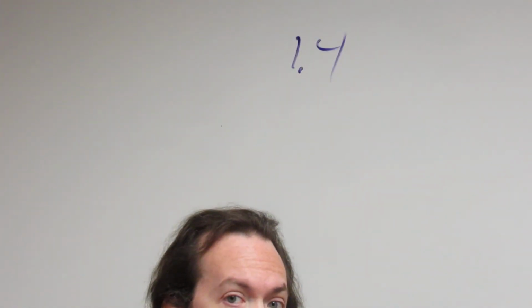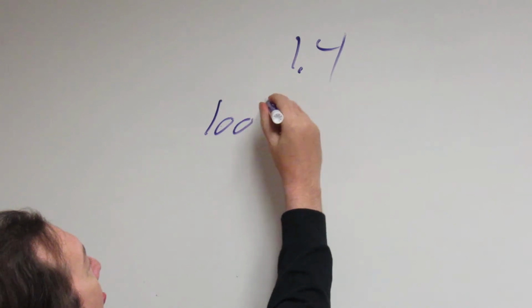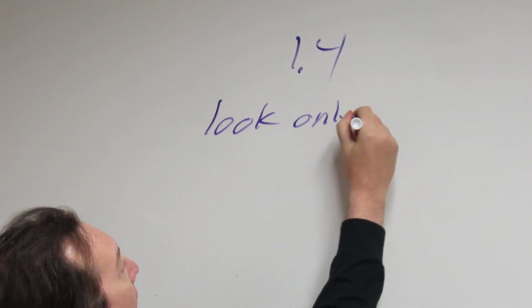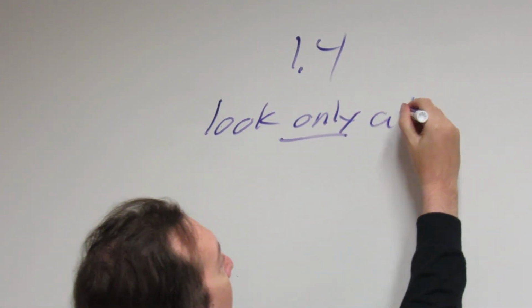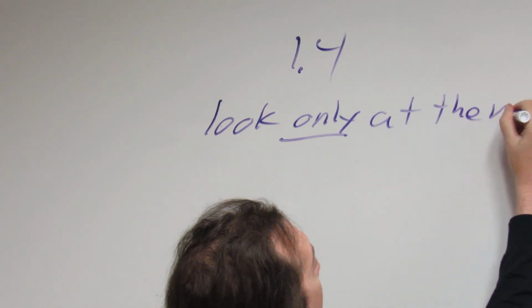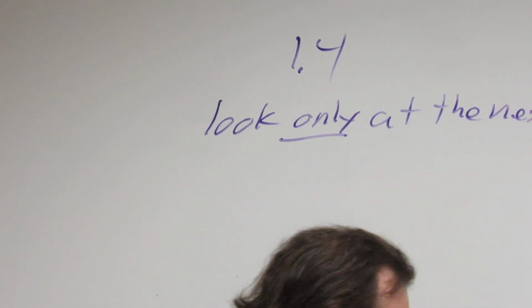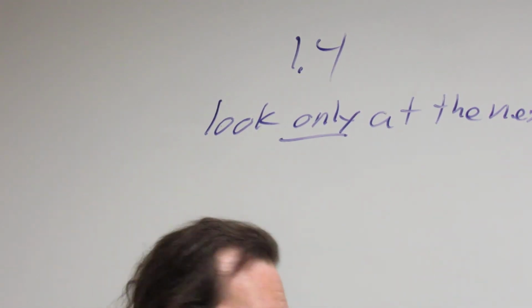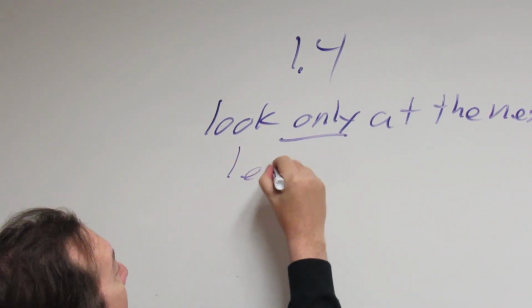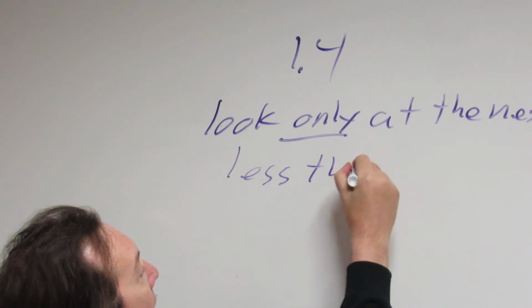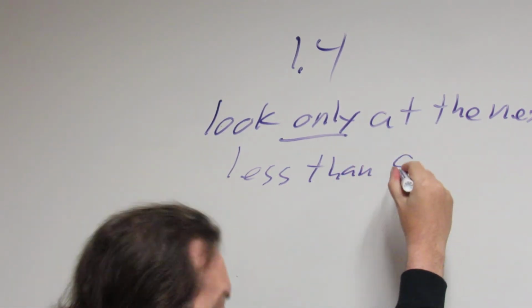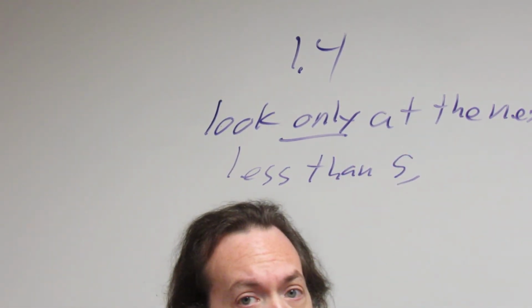So when we're rounding, look only at the next number. And then if that number is less than 5, you round down.